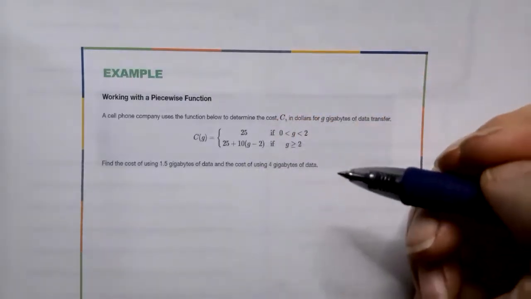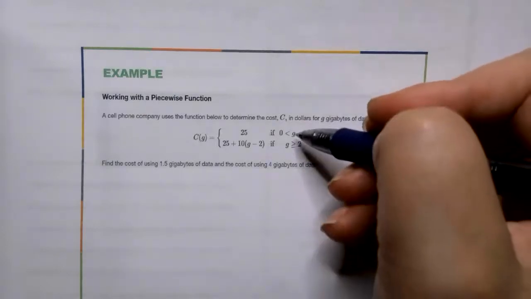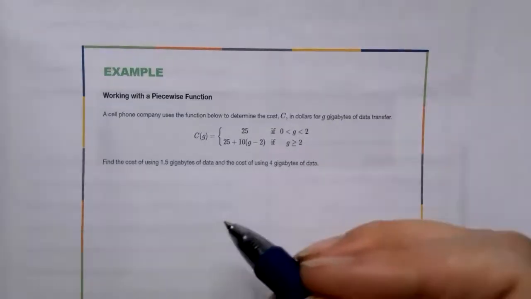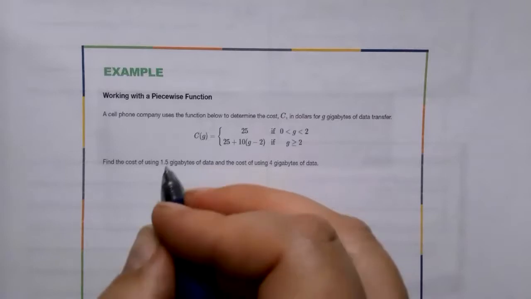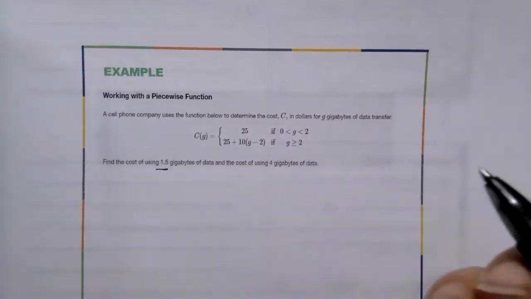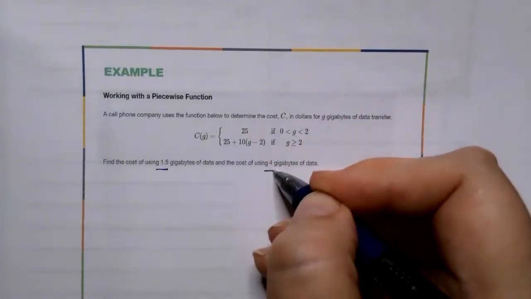So the formula for calculating your cost will depend on the number of gigabytes that you're transferring. All right, so we're asked to find the cost using two different values for gigabytes, 1.5 and 4.